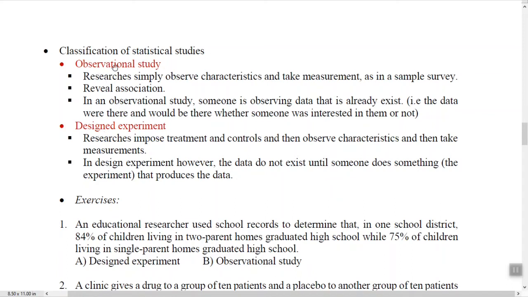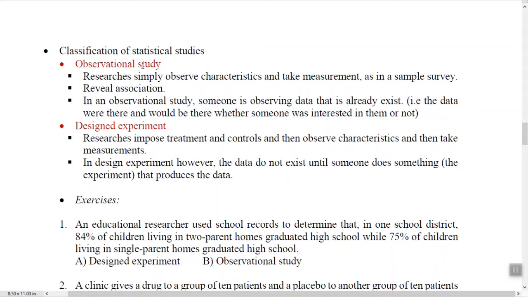Under observational study, researchers simply observe the characteristics or behaviors and take measurements. It's something like a survey. We are observing existing data. So the data is there, we observe that data and make our conclusion or do our calculation.